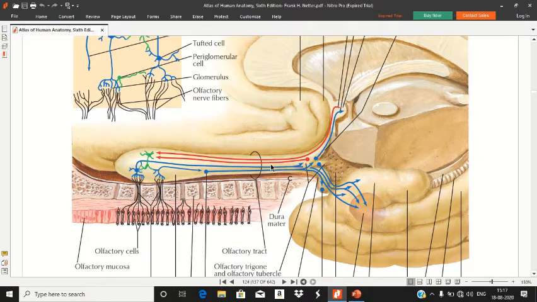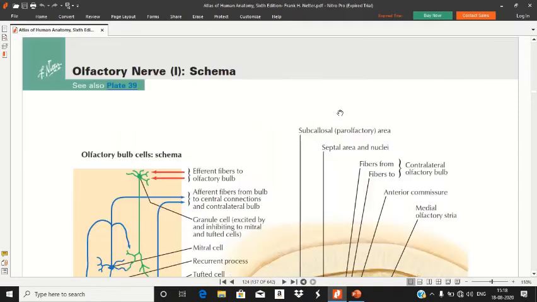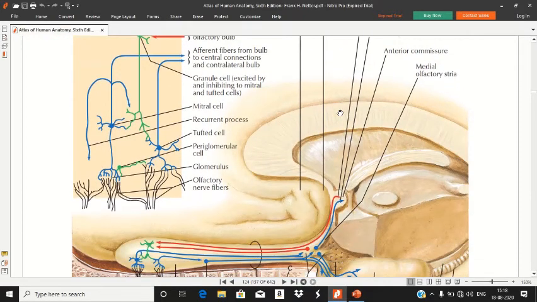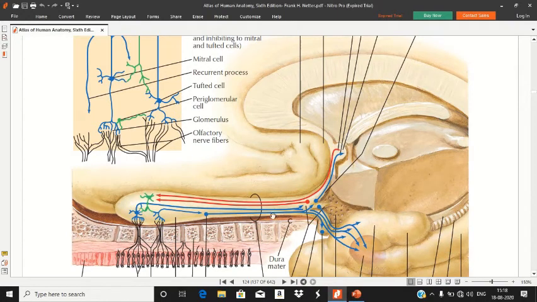A few centrifugal fibers arising from the opposite olfactory bulb and anterior olfactory nucleus enter the tract through the anterior commissure. So here you can see that. They are entering posteriorly and reach the anterior commissure.